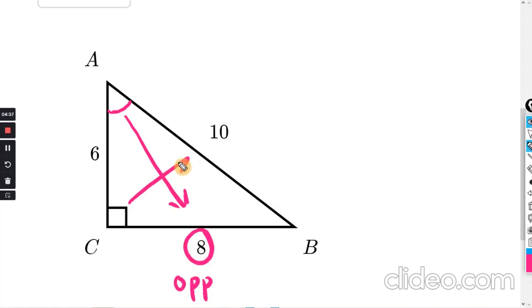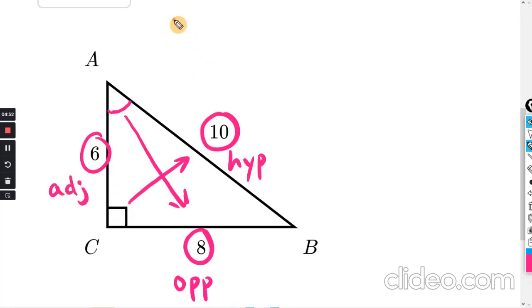The side across from the right angle is the hypotenuse, and the remaining side is your adjacent. They said we're looking for the cotangent of angle A.